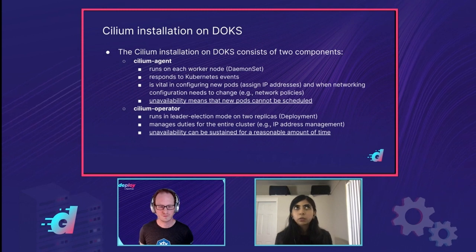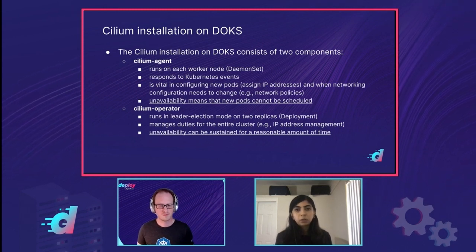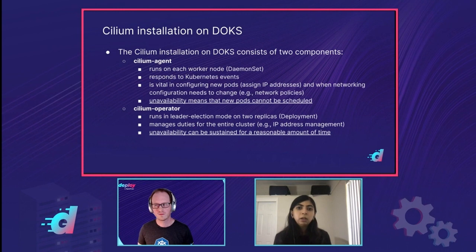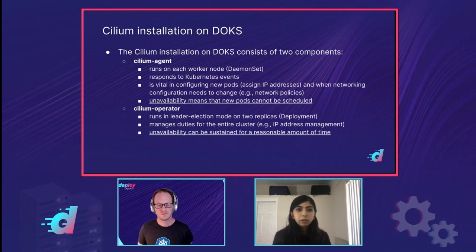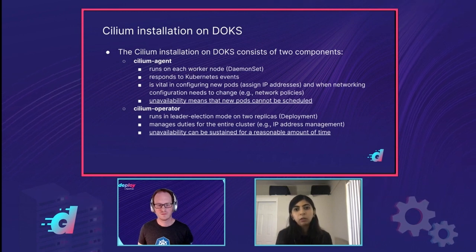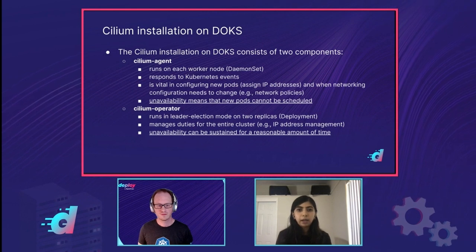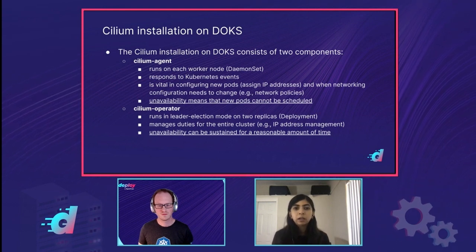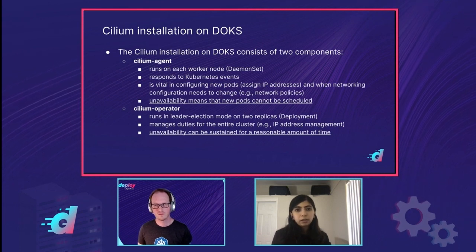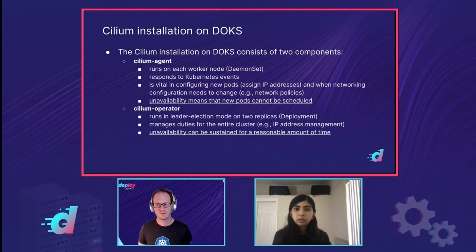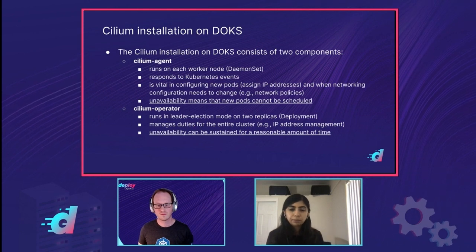It also watches for pod lifecycle events like pod creation or pod termination because it needs to assign IP addresses to the pod. And unavailability of Cilium agent means that you can't schedule pods on that node. On the other hand, Cilium operator handles global cluster operations like IP allocation. And unavailability of Cilium operator means that you can have failures across the cluster. So always ensure that Cilium agent and Cilium operator are up and running all the time.